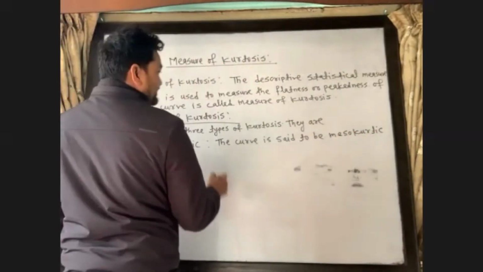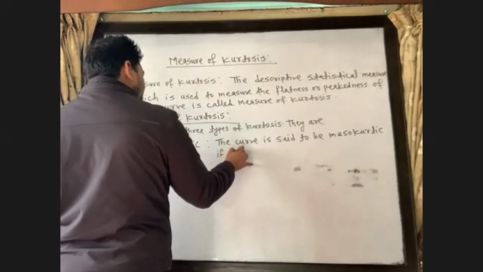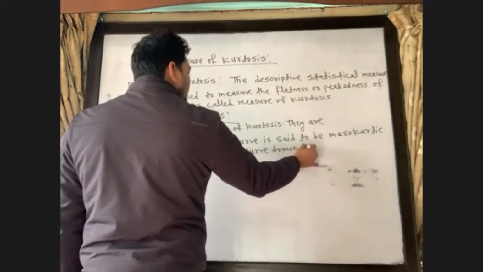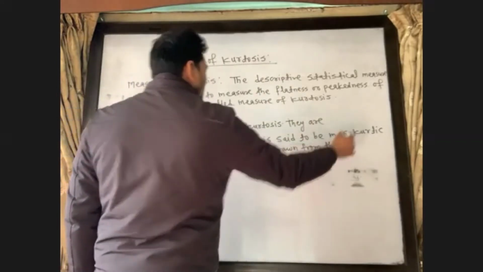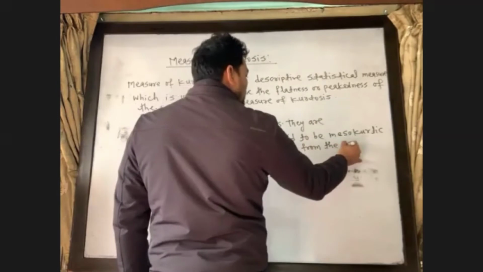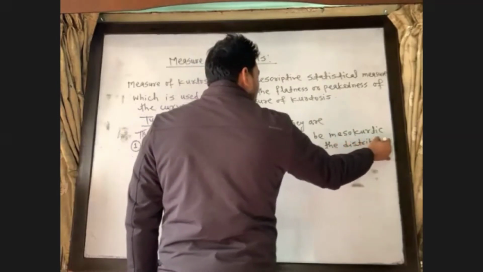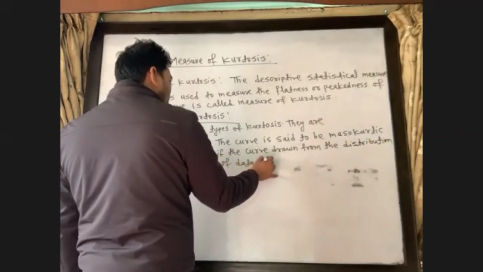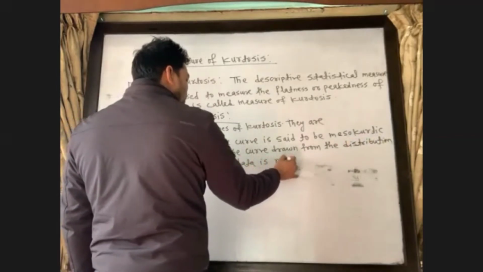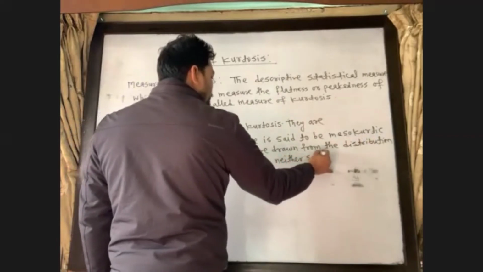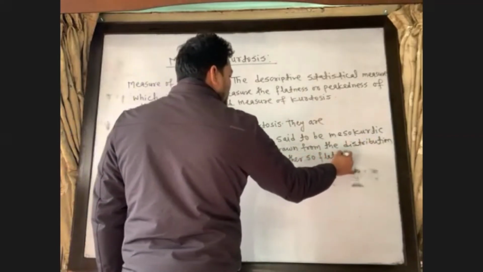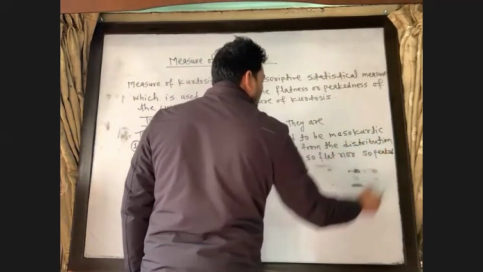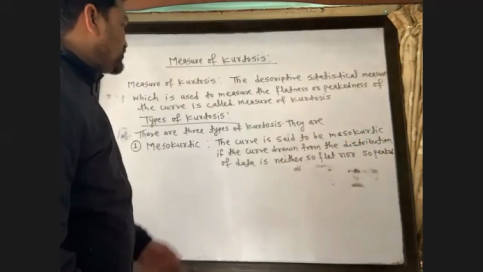Okay, the curve is said to be mesokurtic if the curve drawn from the distribution of data is neither so flat nor so peaked.